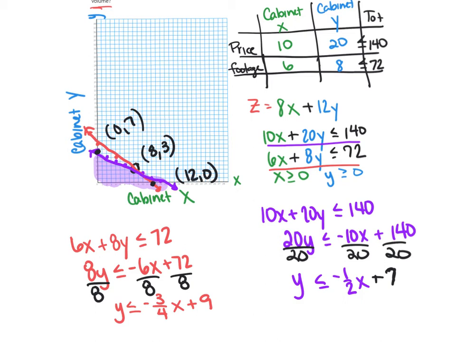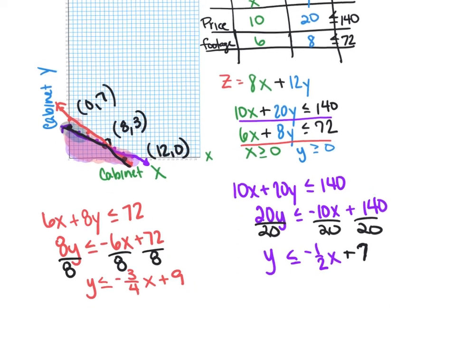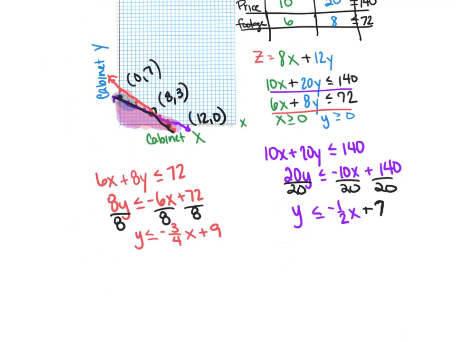So if we want to maximize it now, we're looking at the shading below the lines, so you're looking at this figure right here. To maximize this, let's calculate those corner points. Using our objective function, the first one I'll do is 0, 7, so Z is equal to 8 times 0 plus 12 times 7.